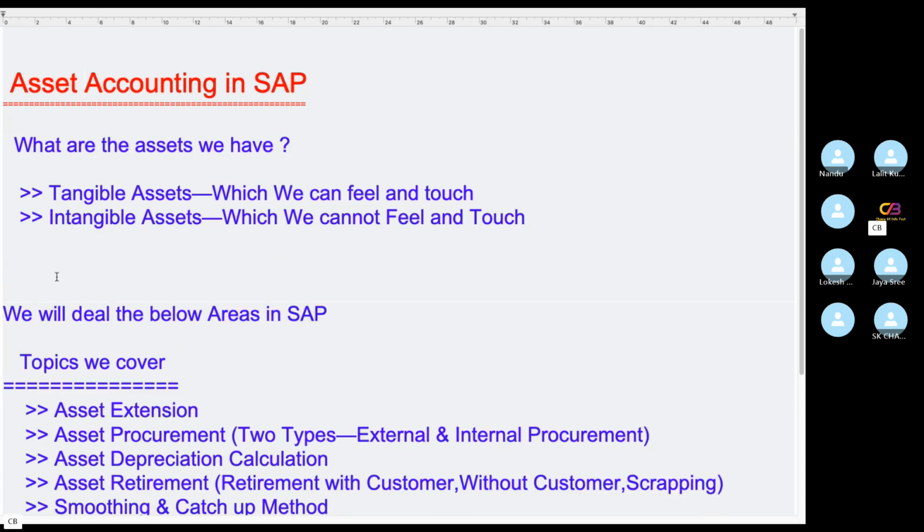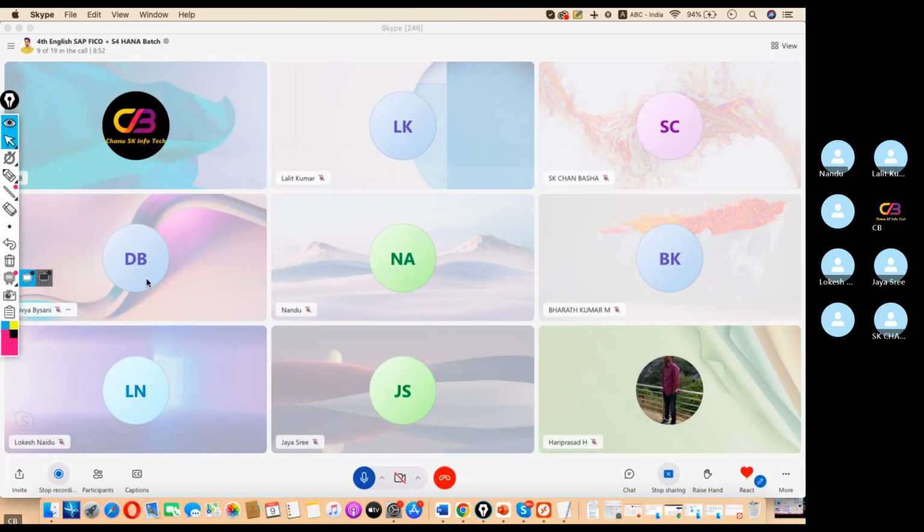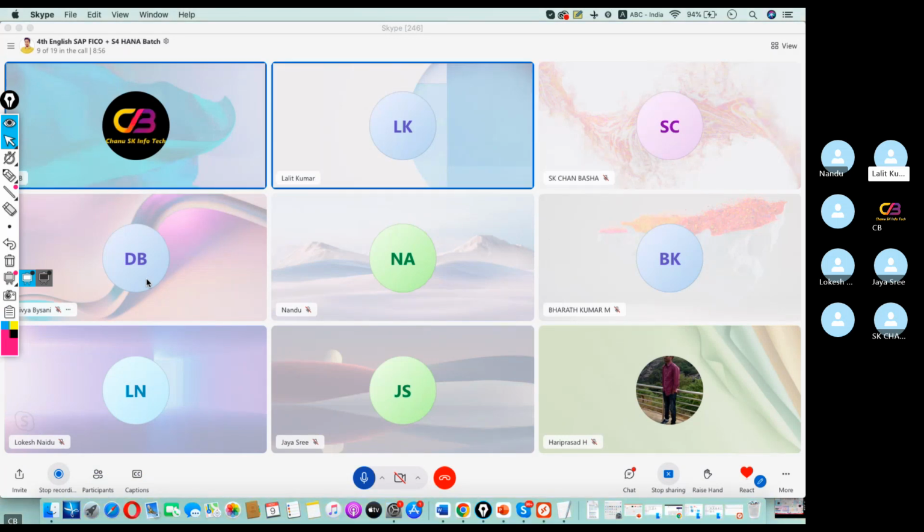What is capitalization? What is asset capitalization? Anyone tell me? The funds which we introduce in our business for purchasing the assets.